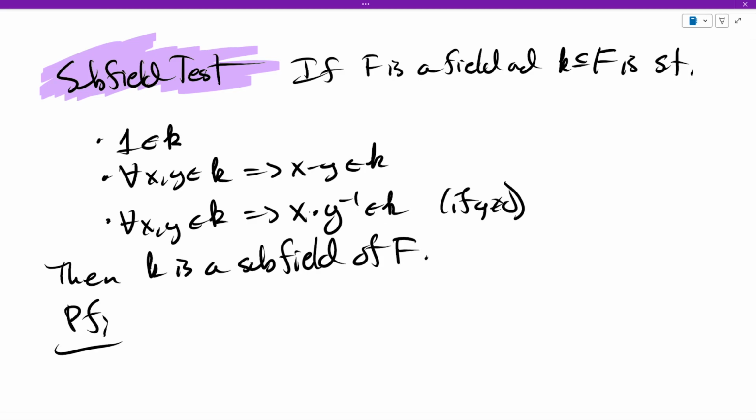Notice the third property is, instead of closed under multiplication, which in most rings you don't have the ability to divide, closed under division. x times y inverse is like x over y.